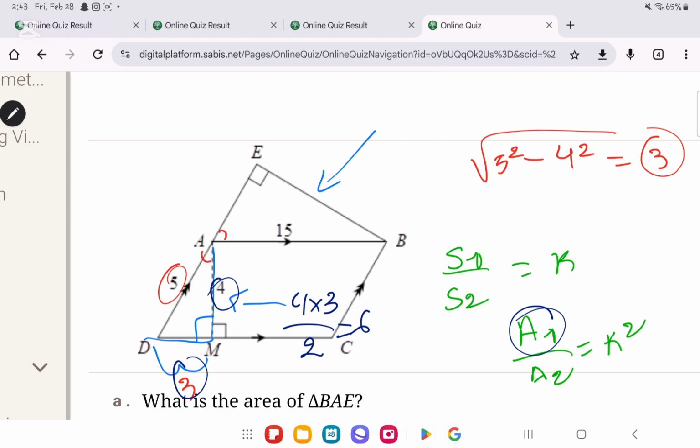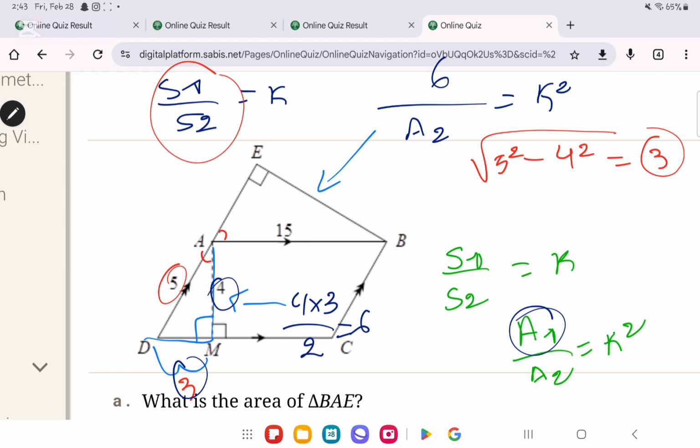Okay, so side 1 over side 2 is equal to k. Then area 1, which we found to be 6, over area 2 is equal to k squared. Alright, now we can find the value of the sides. Very simply, what we could take is the hypotenuse. We have hypotenuse being 15 and hypotenuse being 5.